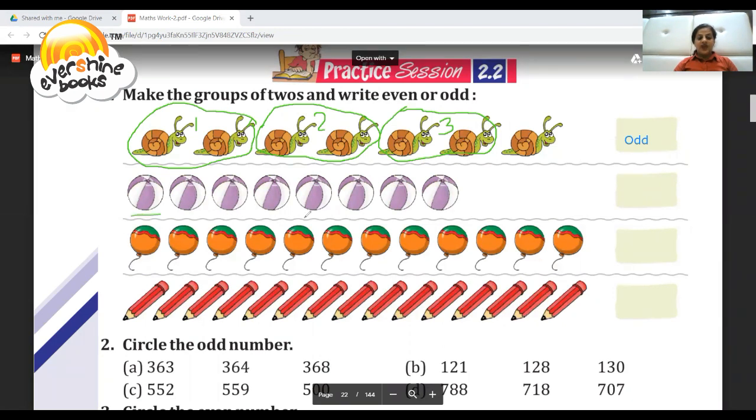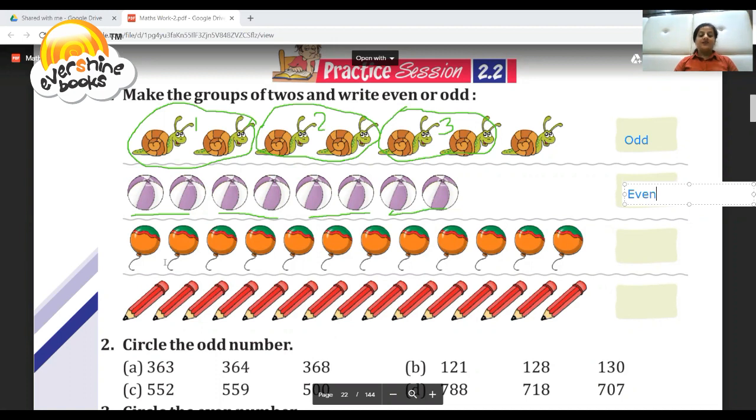This is one pair. This is two pairs. This is three pairs. And this is four pairs. Nothing is left. It means it is an even number. We are going to write here the spelling of even: even.